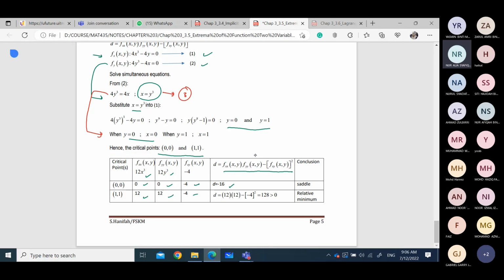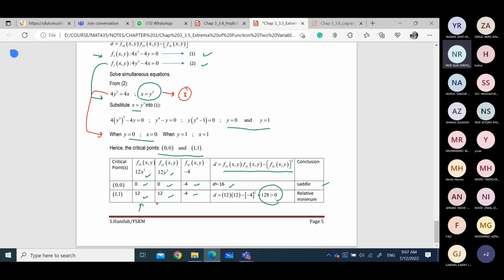So based on the theorem, if the discriminant is less than 0, then the surface has a saddle point. Okay, and for the next point, which is (1, 1), we identified that the discriminant is 128, which is greater than 0. So next, we need to look at our second order derivative with respect to x.